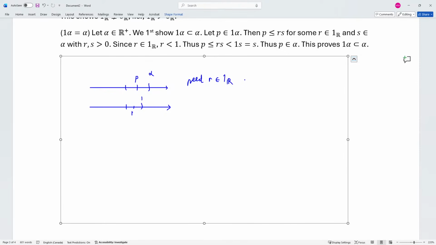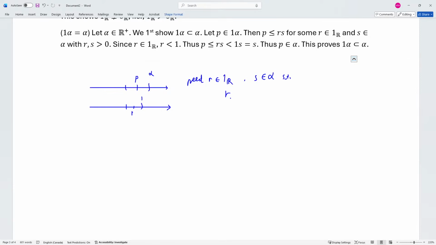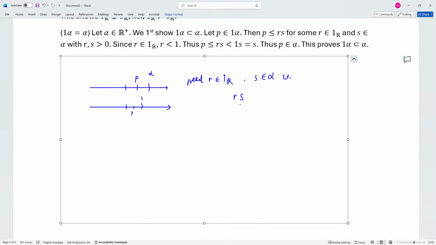And S in alpha such that R times S is... therefore there exists an R such that... therefore S is in 1 alpha.